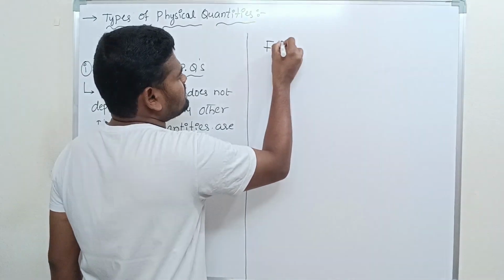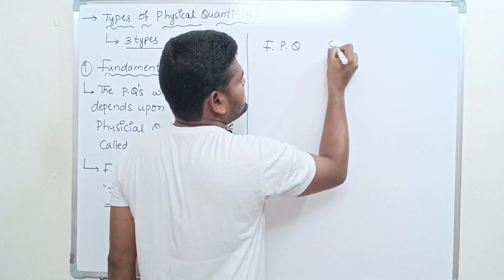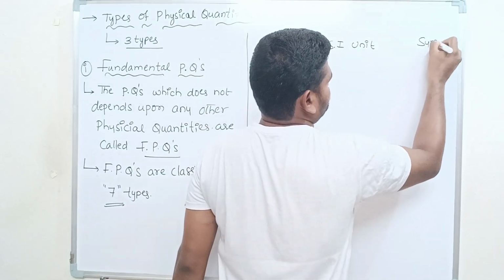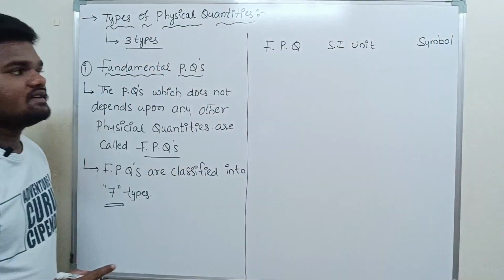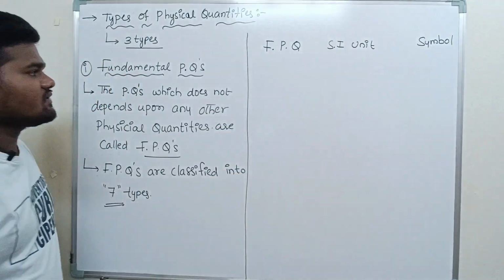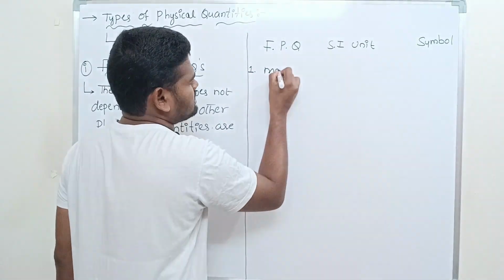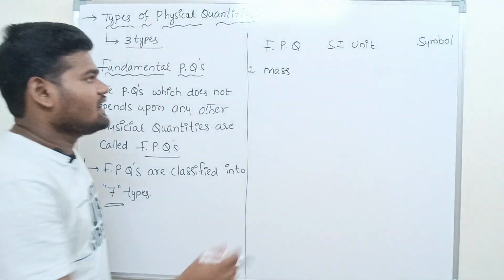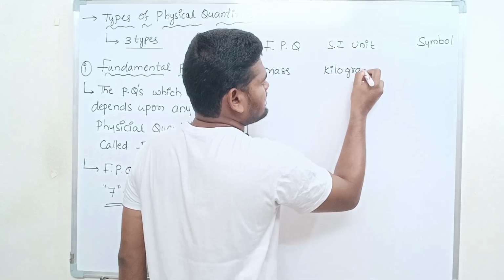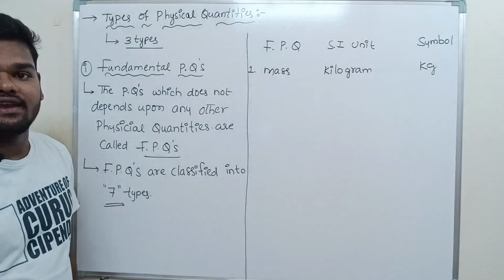Here we have the fundamental physical quantity, its SI unit and its symbol. The first one is mass. Its SI unit is kilogram, and its symbol is kg.